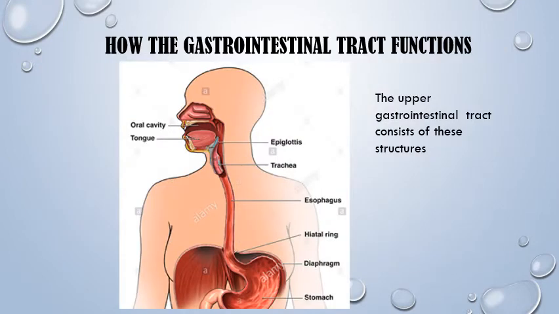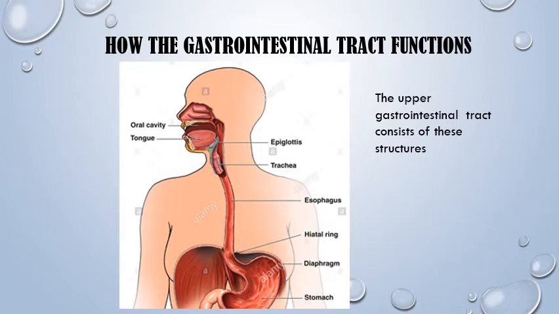The gastrointestinal tract is a continuous path from the mouth to the rectum where digestion and absorption of nutrients, water, and medication occurs. The normal GI tract is divided into two parts, the upper and lower tract.